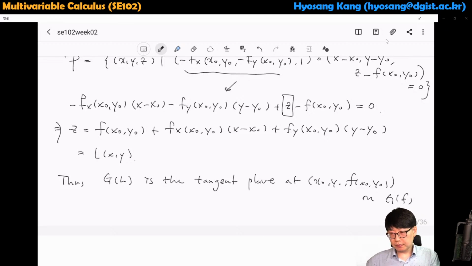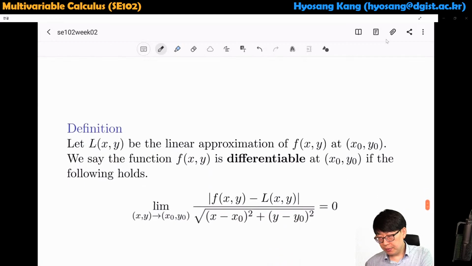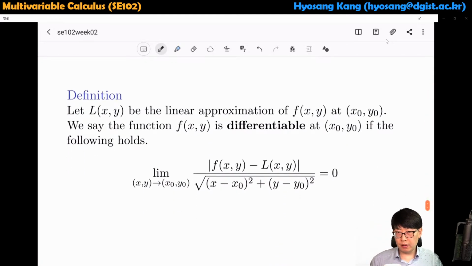However, the definition of differentiability is a little bit different from the single variable function. If you are patient, I will explain why this definition extends the definition of differential of a single variable function, but let's take it as a fact here. So this is a definition. Let's assume that our linear approximation is given by L(x,y).